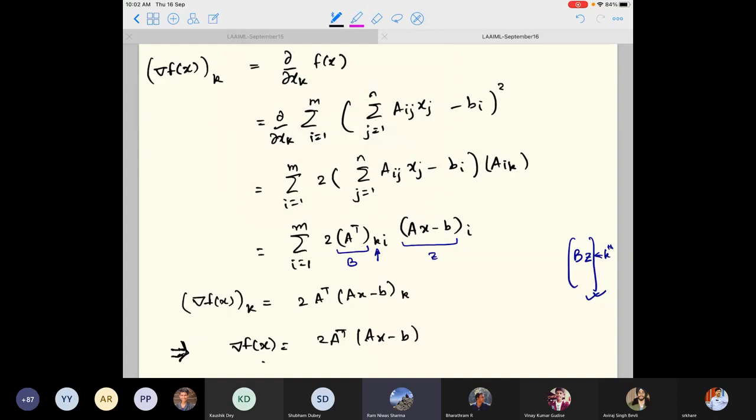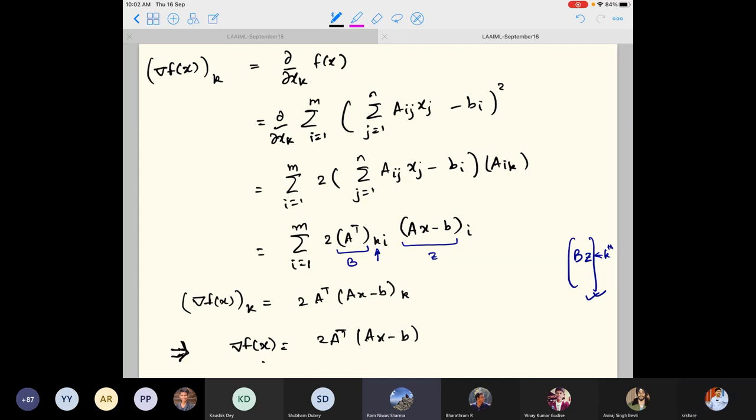Shouldn't we write the subscript at A transpose? Because that is the row that is getting multiplied with the vector Ax minus b. The kth row of A transpose is getting multiplied to the vector Z. So shouldn't we write K as a subscript for A transpose?